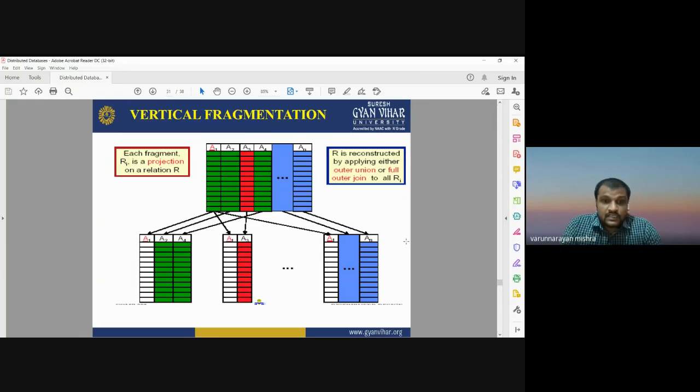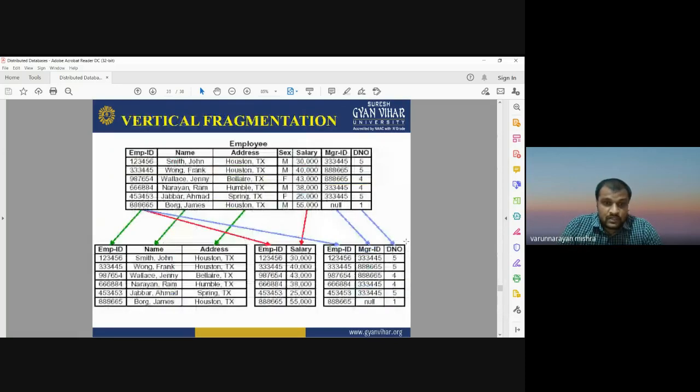Now it is fragmented vertically into three different tables having A1, A2, A4, then A1, A3, and A1, then An. So this is the way we can perform the vertical fragmentation of the entire relational database. This is another example of vertical fragmentation.